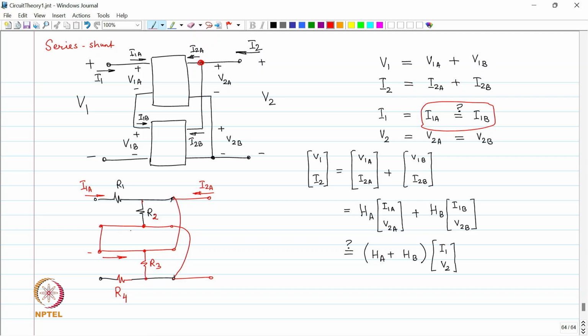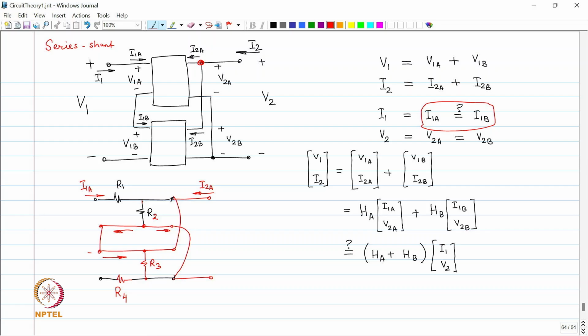So, some current comes out. What these currents are, we do not really know, but I1A plus I2A comes out over here. Now, which part goes which way, you do not really know. Do you know?